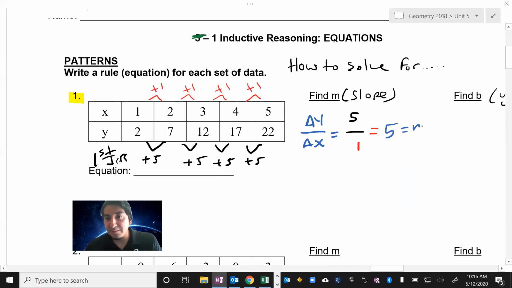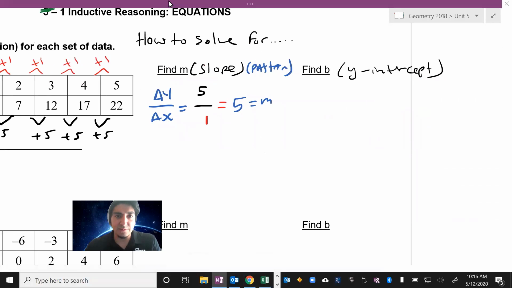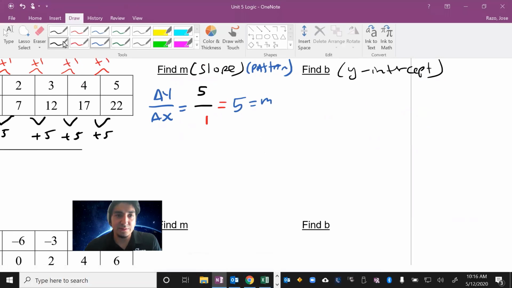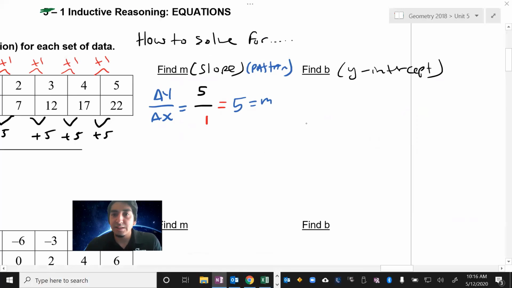So that's going to be my m. Okay, so this is your pattern that we're looking for. So now you already have your slope completed for you. So from here, let's choose a different color. So gray. So I have y is equal to 5x plus b because I'm using slope-intercept form.